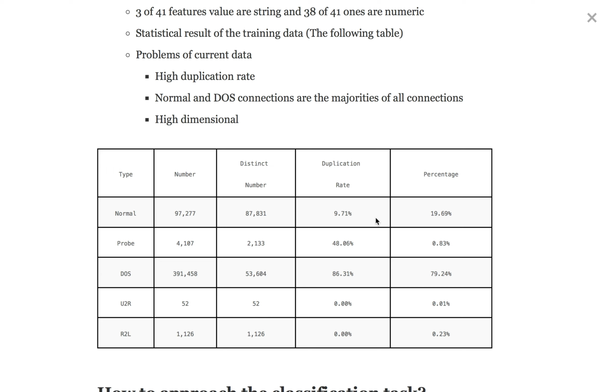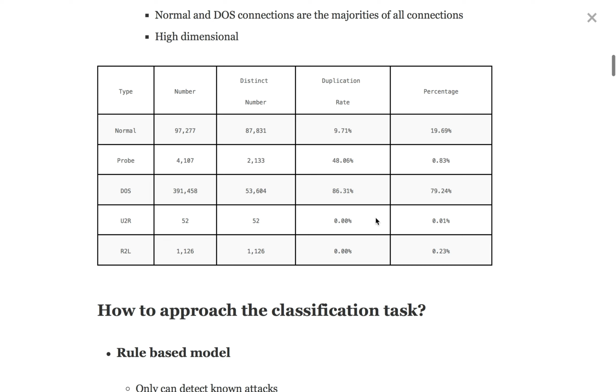The second problem is that the normal and DOS connections dominate the distribution of the connections. Another problem is the high dimensionality of the data, because high dimension means we cannot apply this data to some specific machine learning models.